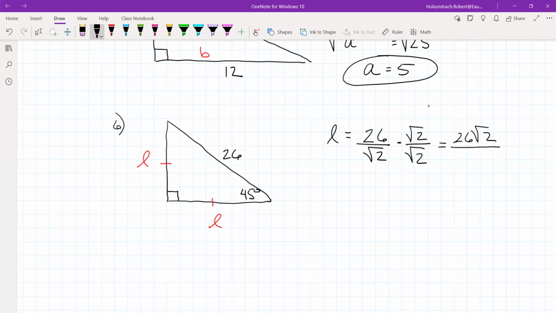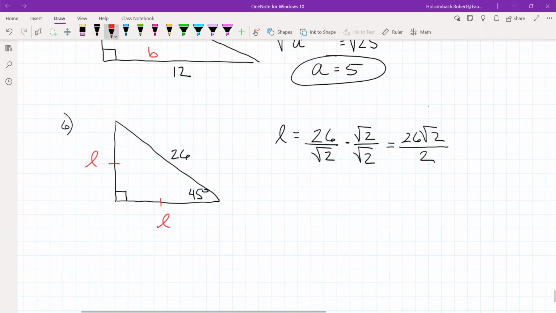In the denominator, the square root of 2 times the square root of 2 equals the square root of 4, and the square root of 4 equals 2. Now, this 2 goes into itself once, and it goes into 26 13 times. So in simplest radical form, the length of these legs is 13 radical 2.